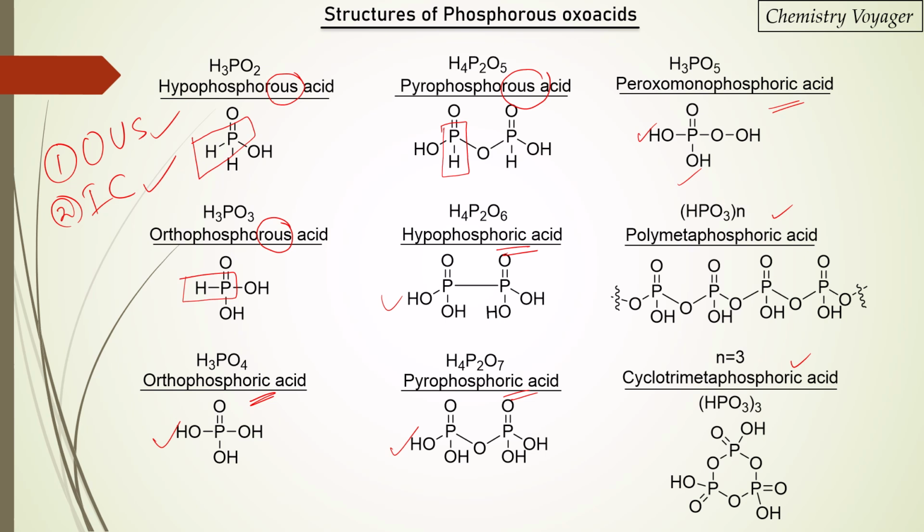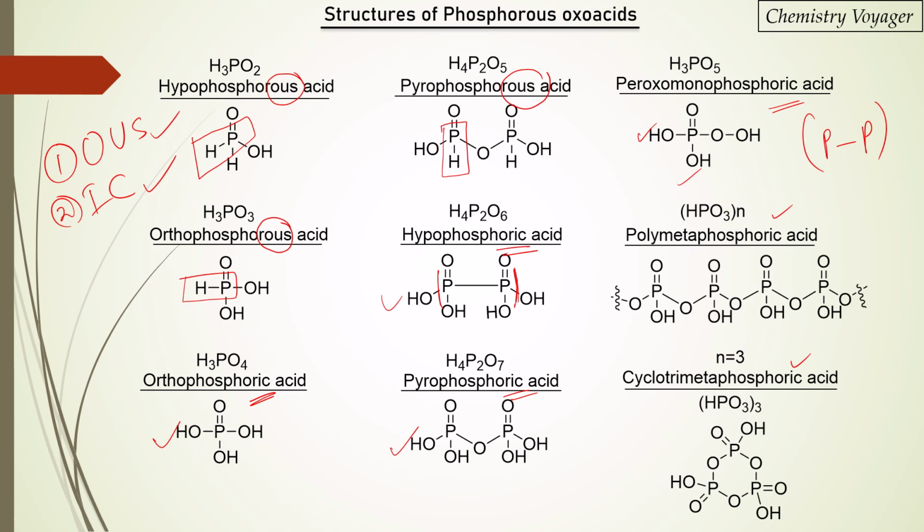And when we look at other important points, many times in competitive exams they ask about the bonding connectivity in the phosphorus oxoacids. For example, let us look at the acids with phosphorus to phosphorus connection. In this particular list there is only one oxoacid of phosphorus which has this P-P linkage, and that is hypophosphoric acid.